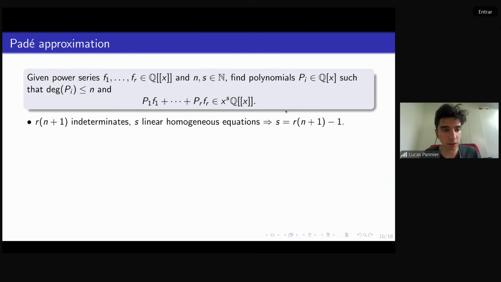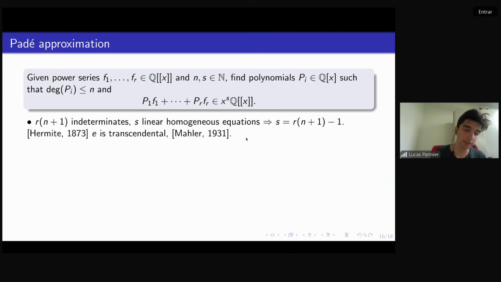This method of Padé approximants was introduced by Hermite in 1873, which allowed him to prove that e is transcendental in its original proof. It was then continued by many people, including Mahler, whose work is crucial to the proof of the Chudnovskys.